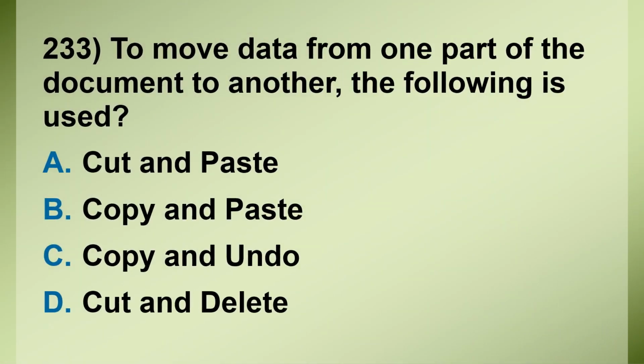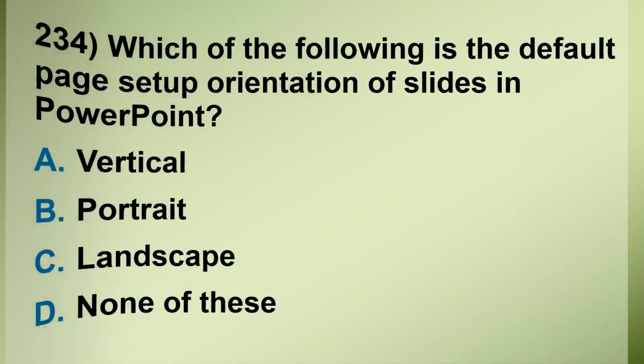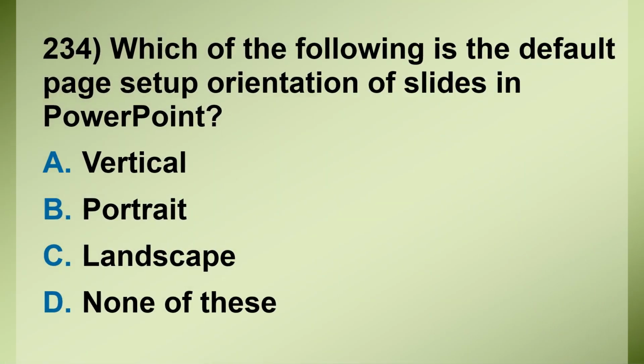To move data from one part of the document to another, the following is used. The answer is cut and paste. Which of the following is the default page setup orientation of slides in PowerPoint? That is landscape.